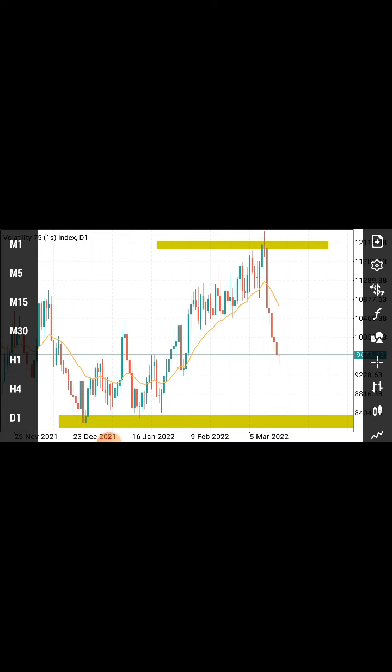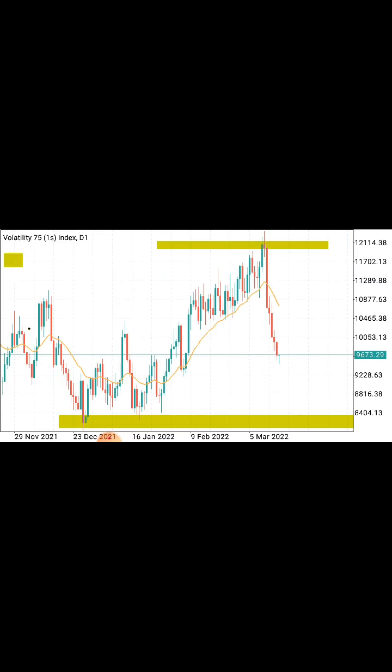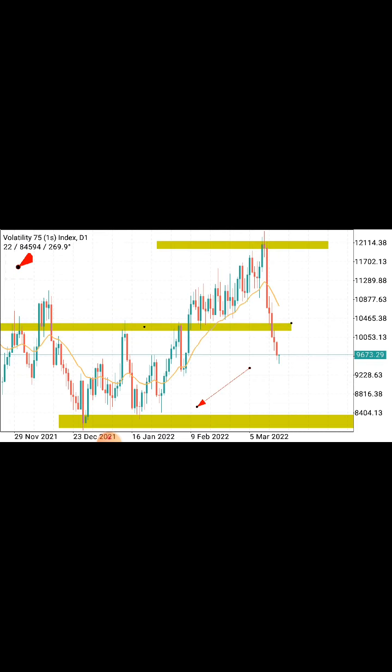Let me show you one thing. The market at this level, it was ranging. The market at this level, it was ranging. All this part, it will go up, down, up, down, up.